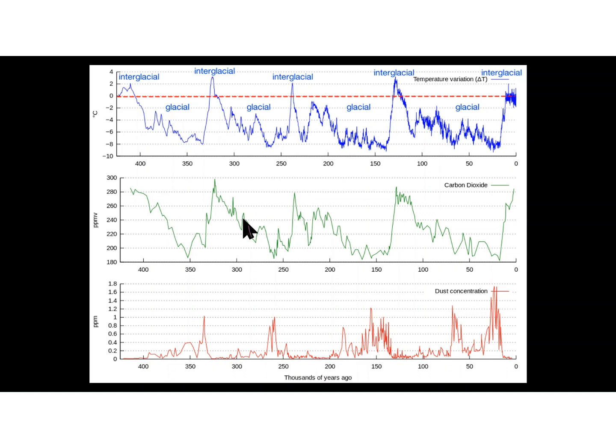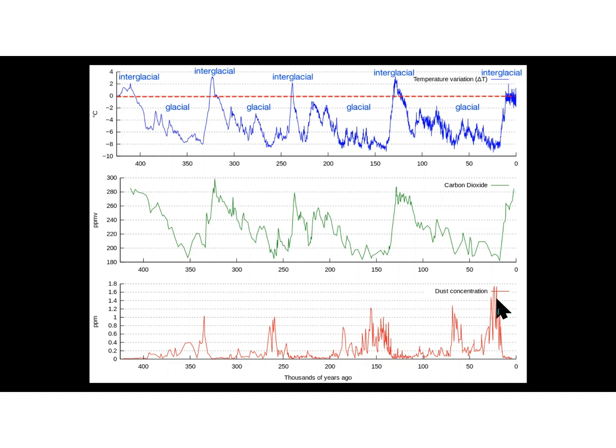So we see here carbon dioxide in the middle, the green curve, but we don't pay attention to it right now. There's very interesting and important information in it, but it's not our subject right now in this video.